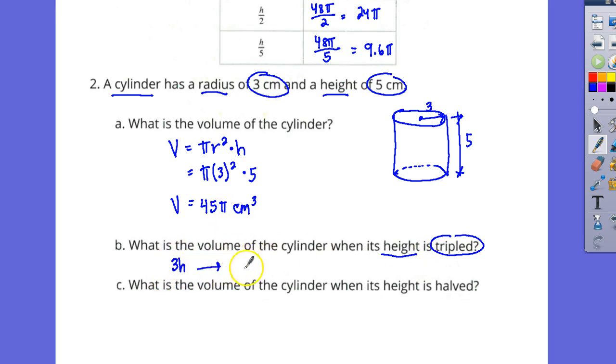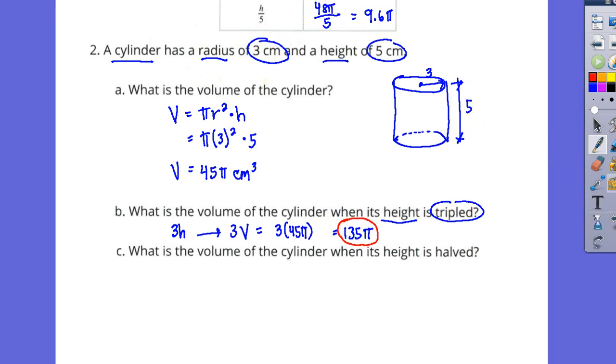You will also multiply the volume by 3. So the volume is 45 pi, so you're going to do 3 times 45 pi. 45 times 3 is 135 pi. So that will be the volume of the cylinder when the height is tripled. That means when the height is 15.